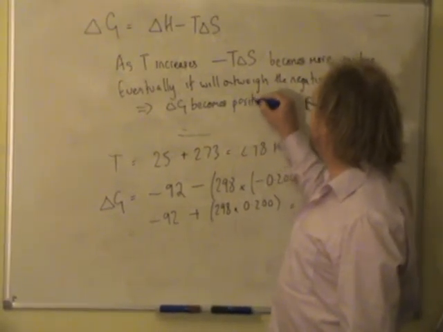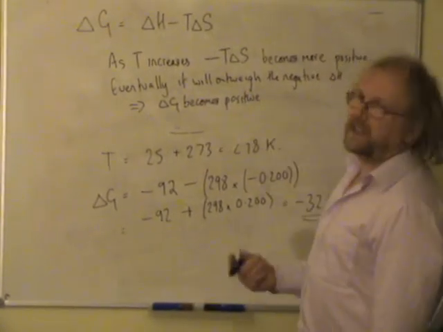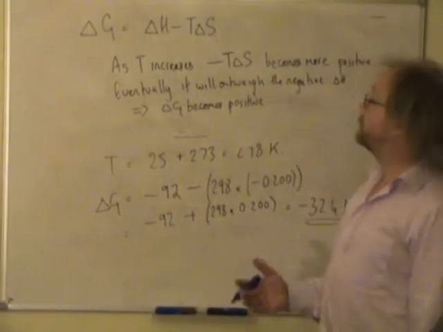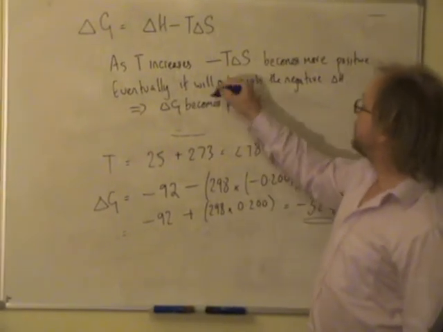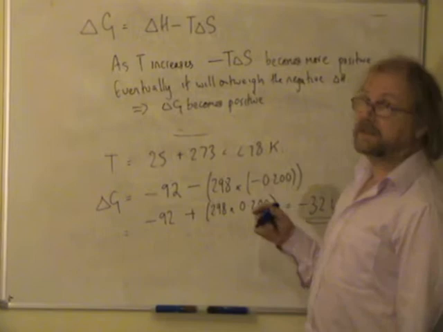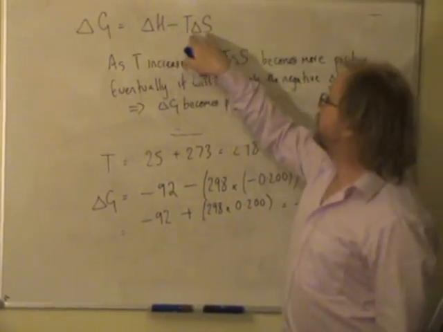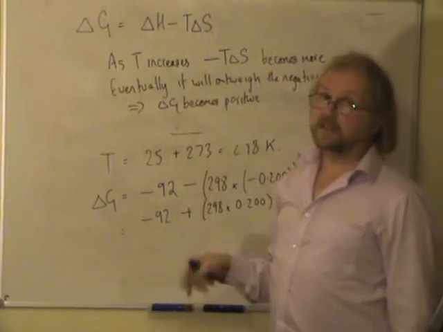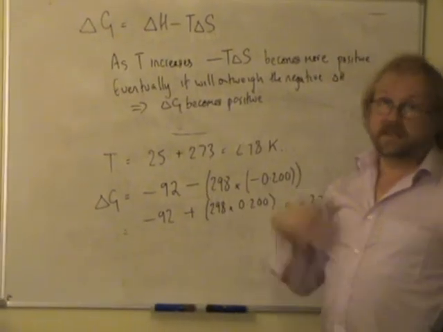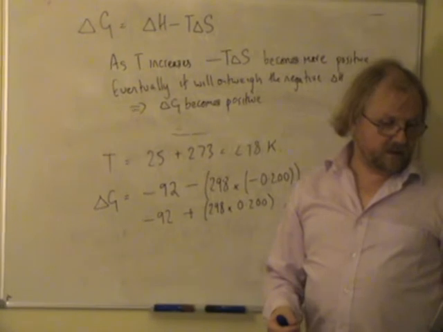The thing with that is that it's quite easy to see it, but it's not that easy to put it into words, so make sure you've explained it clearly: that term minus T delta S becomes more positive, and if it's sufficiently positive, it will outweigh the negative value of delta H, so that delta G becomes a positive term, and then the reaction is not feasible.